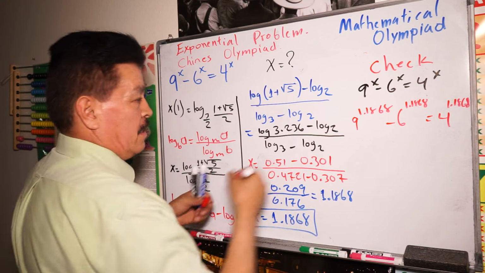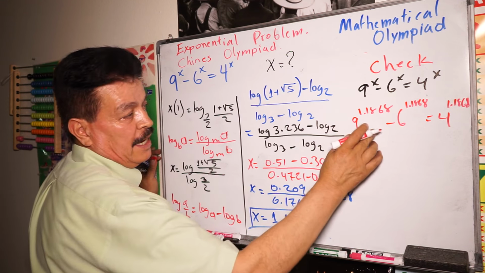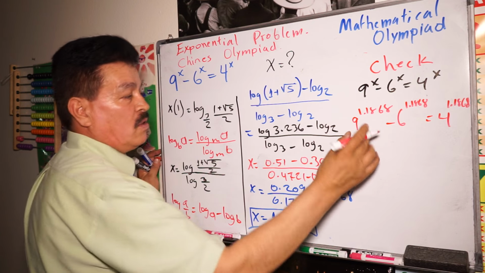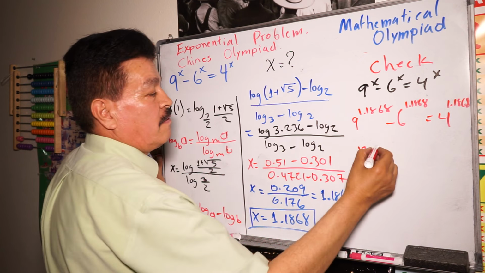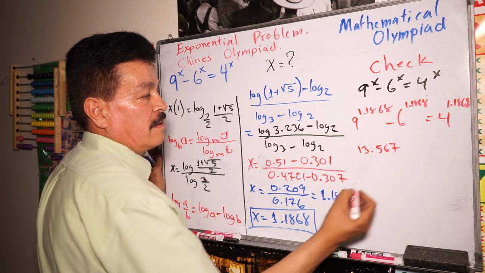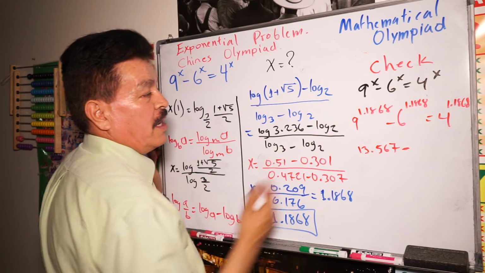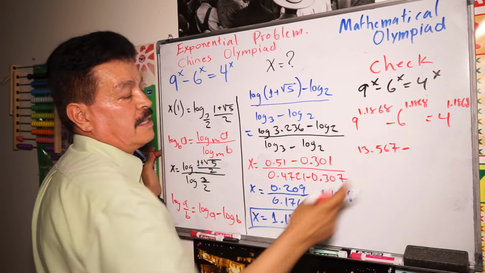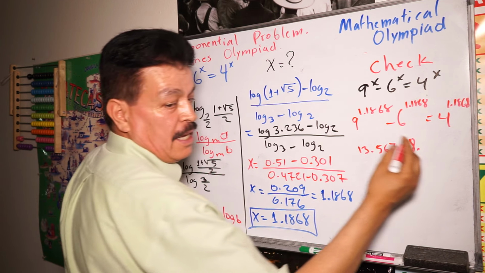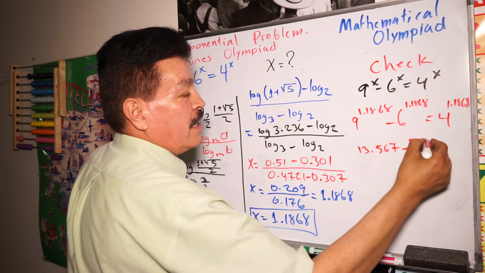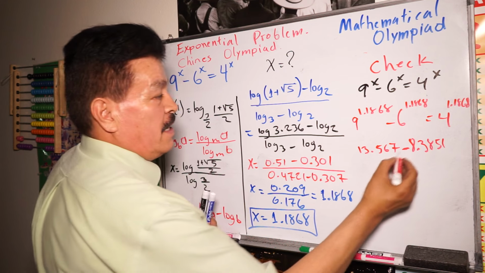So then here, 9 to the 1.1868 equals 13.567, okay, minus 6 to the 1.1868 is going to be 8.3851.